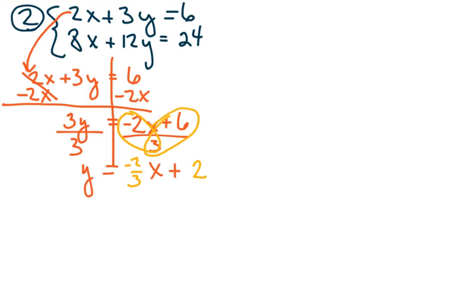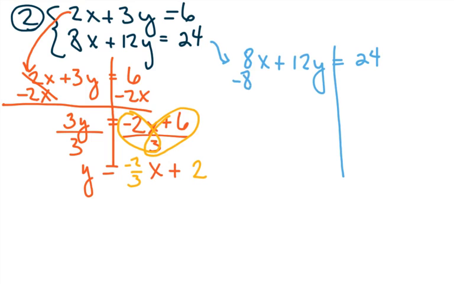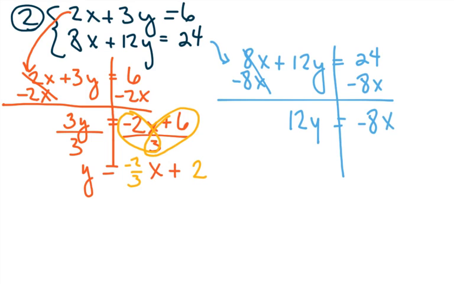We're going to do the same thing with the second equation. So we have 8x plus 12y equals 24. We're going to solve for y, so subtract 8x from each side. The 12y drops down, and we want our x's to come first, so it's in slope-intercept form. Now divide both sides by 12.